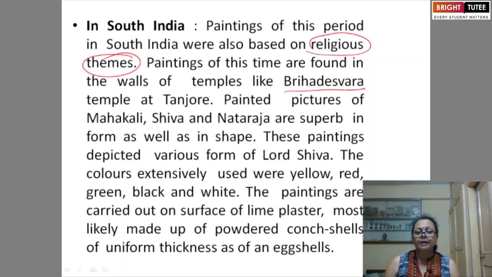The pictures of Mahakali, Shiva and Nataraja are superb in form as well as in shape. These paintings depicted various forms of Lord Shiva. One is in the form of Nataraja, and others were also there.